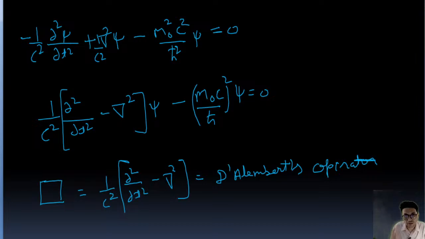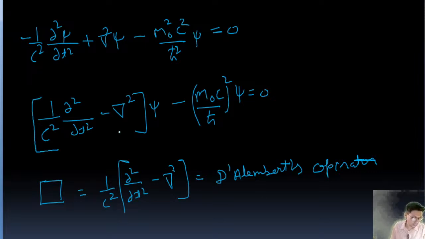So this is going to be like this, this one plus, and this is going to be this one. So 1 upon c square del square upon del t square minus del square psi.